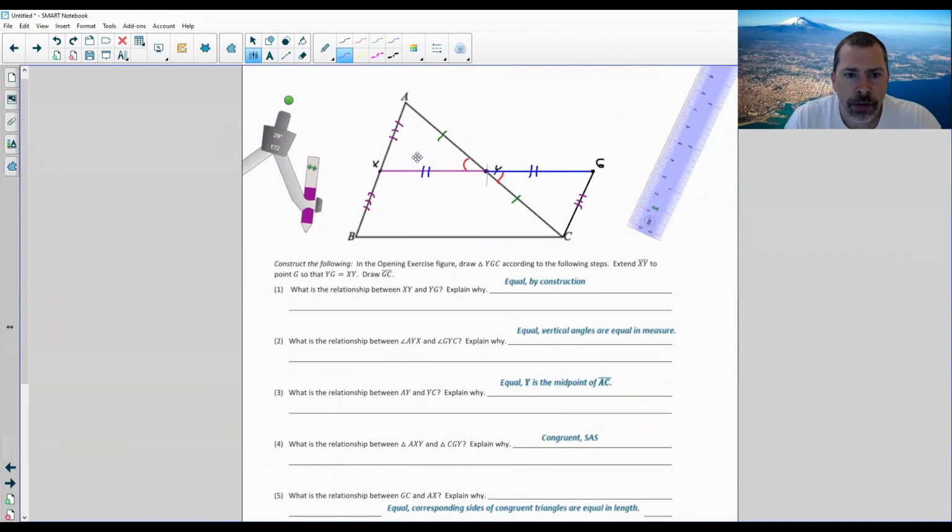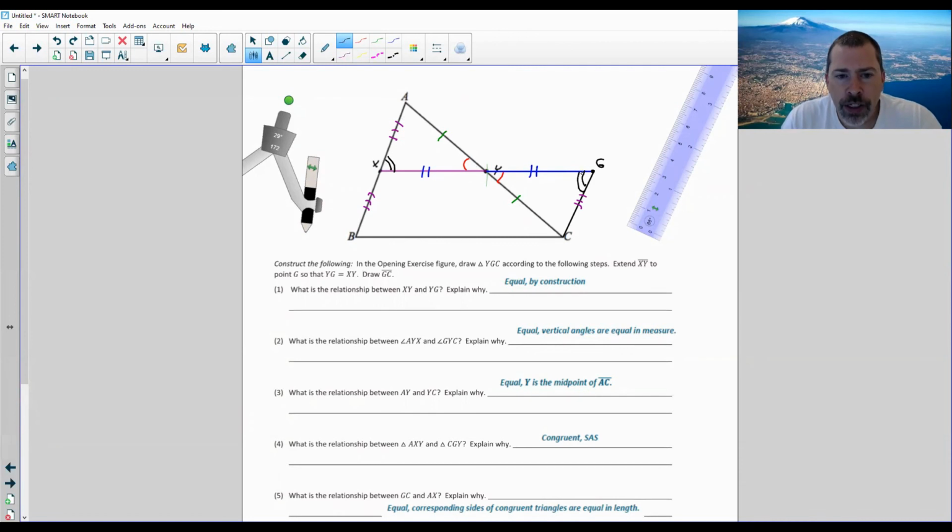So let's take a look. Angle AXY is right here. AXY and YGC is right here. Okay, so again, they are congruent. If AB is parallel to GC, if we knew that, then this was a transversal and they're alternate interior angles.